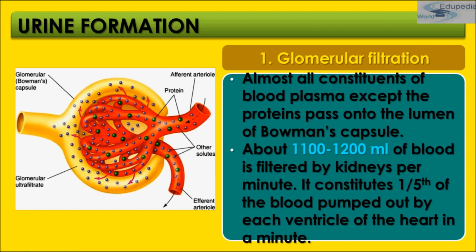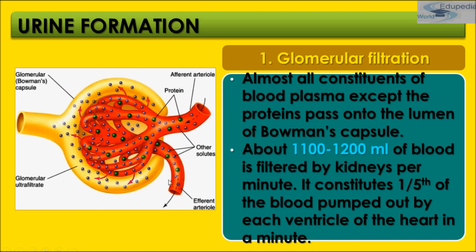And second point, as the afferent arteriole is wider than the efferent arteriole, the amount of blood coming into the glomerulus is more than the amount of blood drained out of it. So this is the second reason.